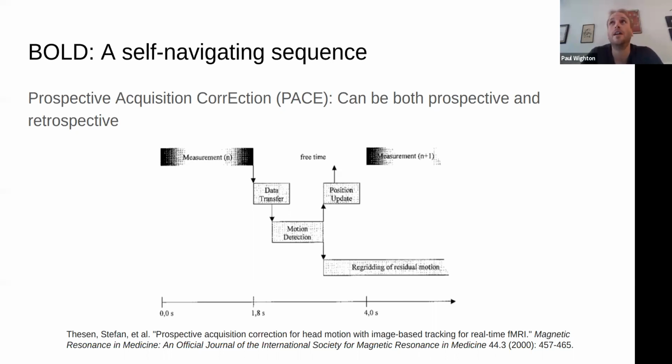I mean, when we were doing it, we used prospective PACE, but I know a lot of groups that don't. I know a lot of groups that would only do it slice-wise maybe. I will not with PACE itself. Later on, I've worked on that with some external trackers.